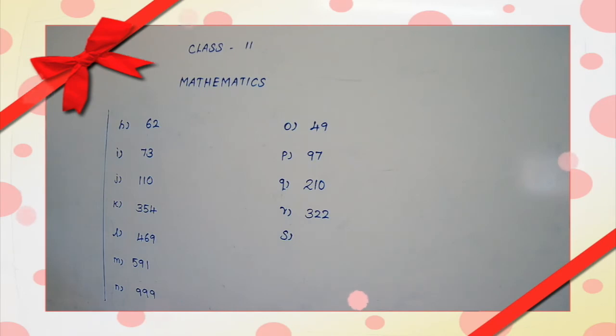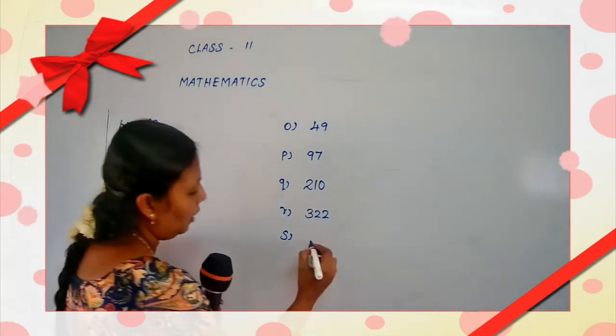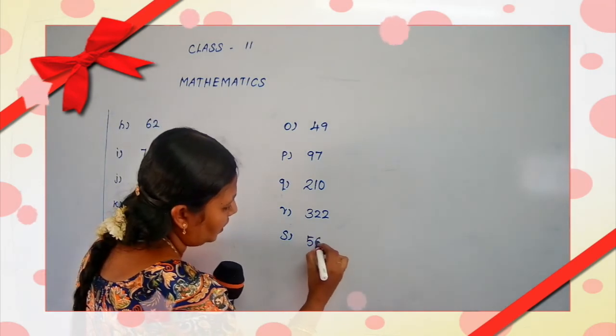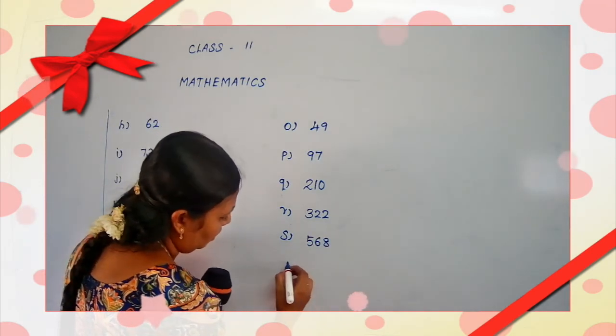The number between 567 and 569 is. What will come? 568.